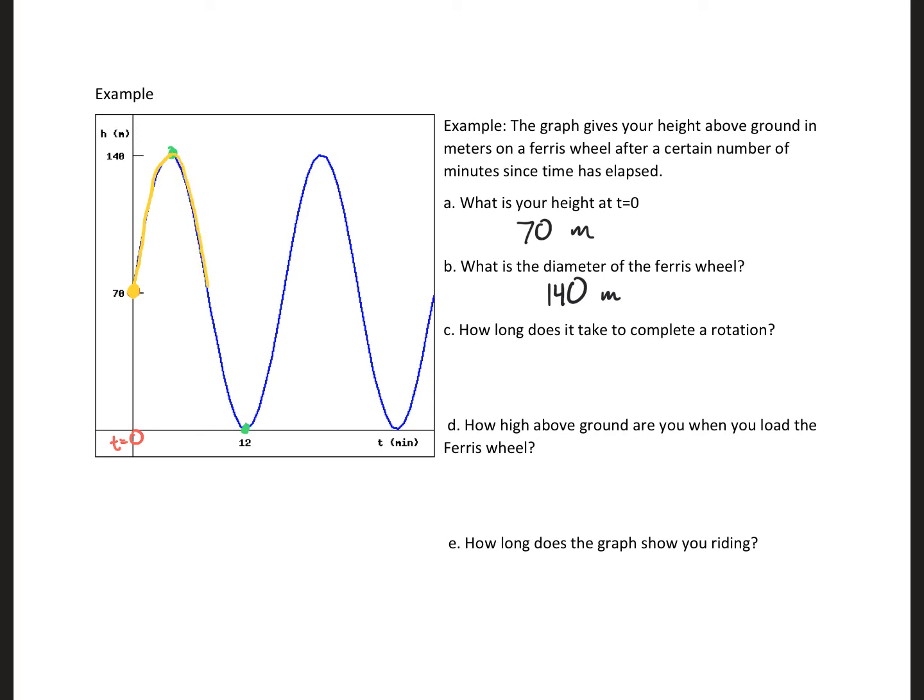We come down from the top of the Ferris wheel back to the midline. Continuing on, during this next stretch, we return to the bottom of the Ferris wheel. And now we return all the way back to our original position. This is one period here.